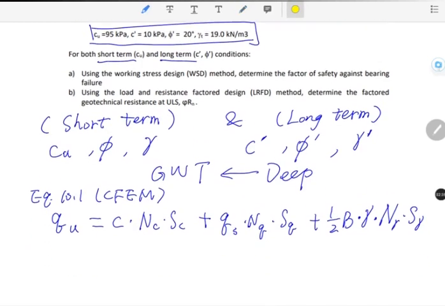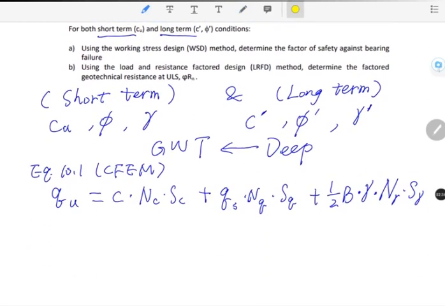This equation is valid for both total stress approach and the effective stress approach.